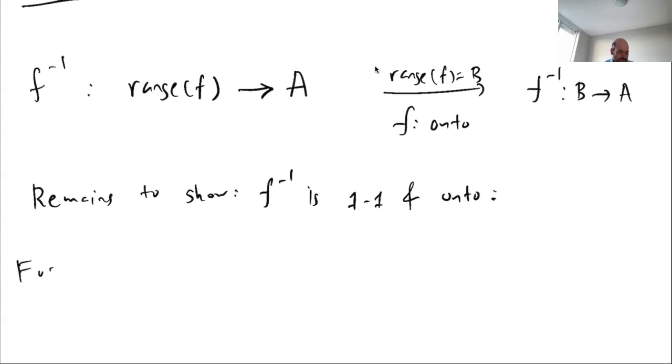For 1-to-1, I think this was a pre-calculus exercise: if f is 1-to-1, f inverse is also 1-to-1. Why?